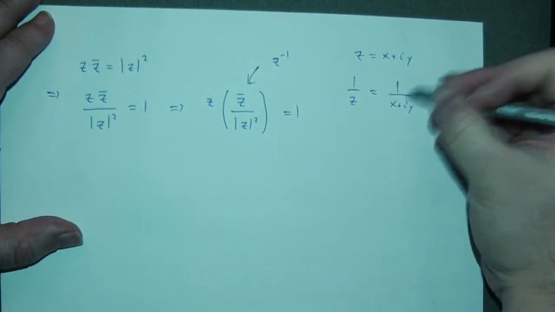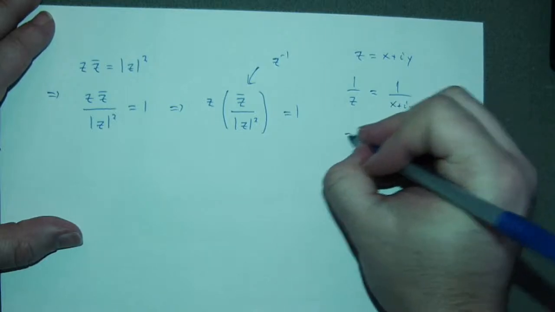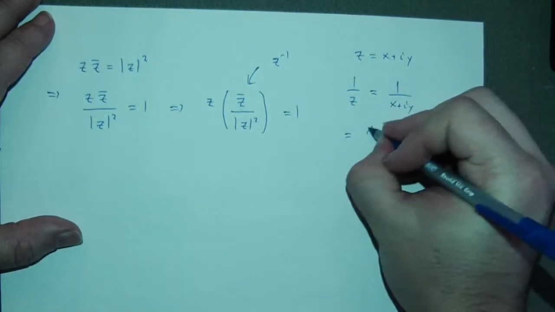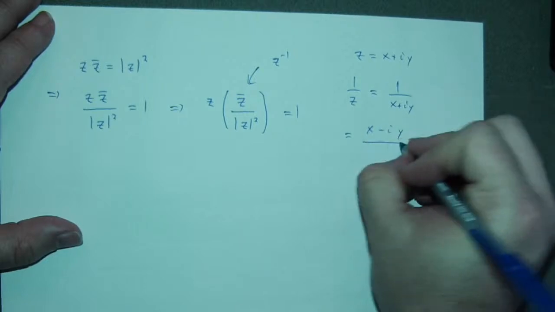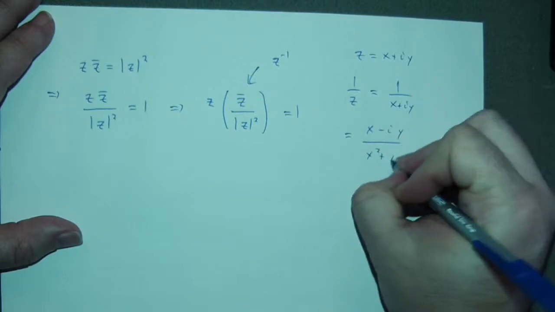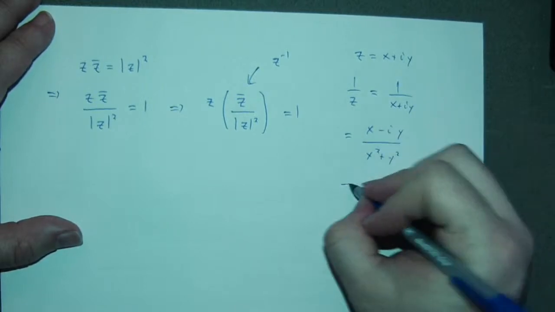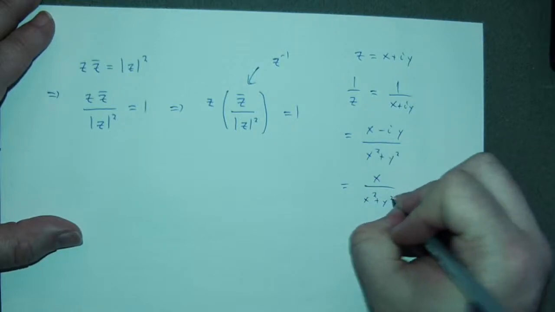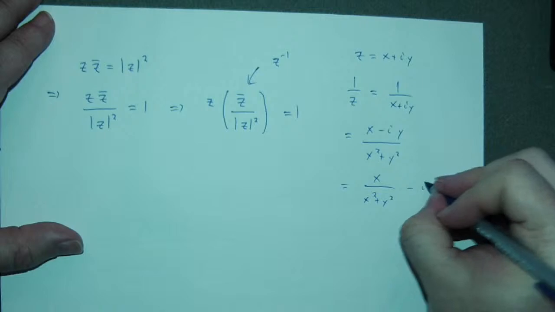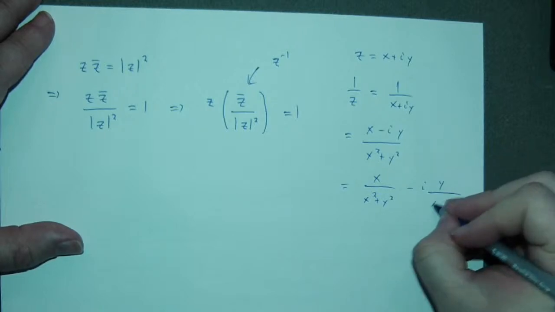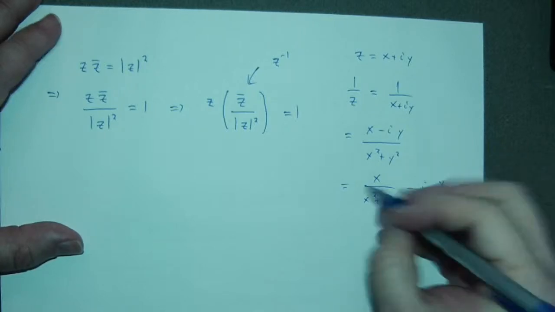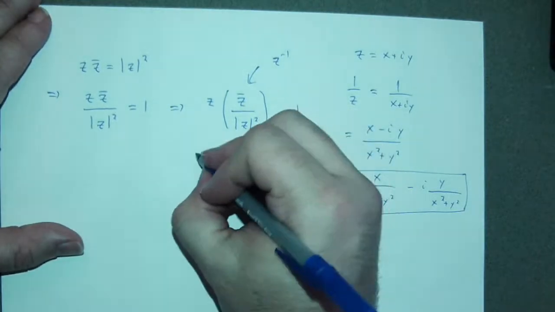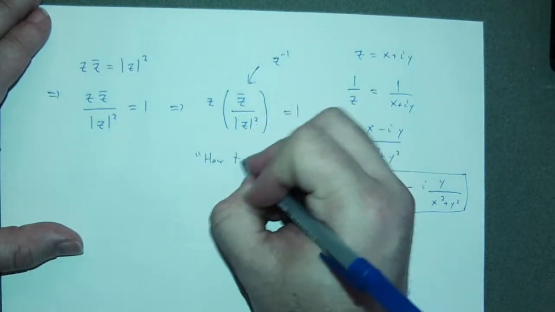What that is, it turns out, is x minus iy divided by x squared plus y squared. Or it's the complex number x over x squared plus y squared minus i times y over x squared plus y squared. What I've just shown you is how to divide by a complex number.